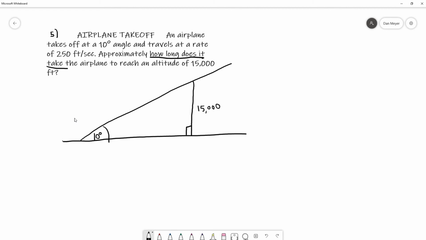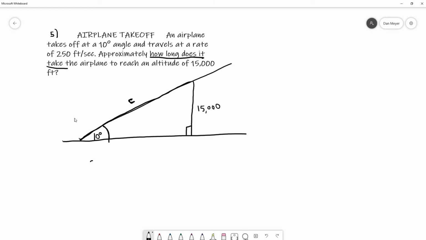So they want a time. This is one where we have to put on our thinking cap. In terms of the distance, if they ask us how far the plane traveled, that would be the hypotenuse. I'll just call it C. We can use trig to relate the angle we were given, the 10 degrees, with those two side lengths.